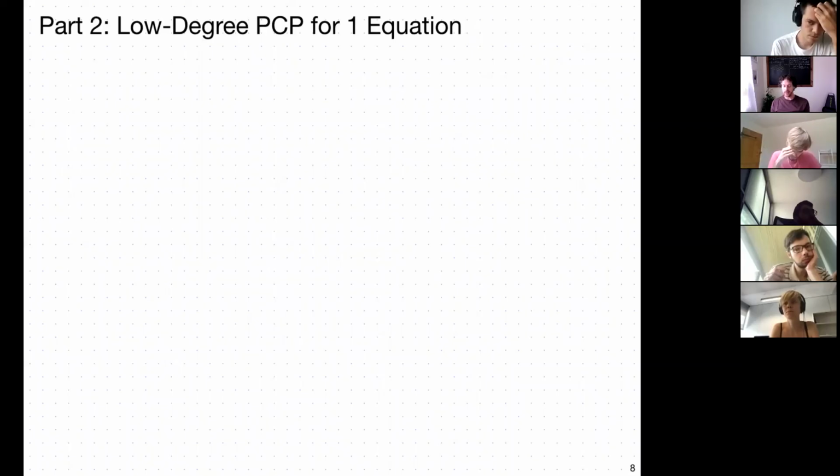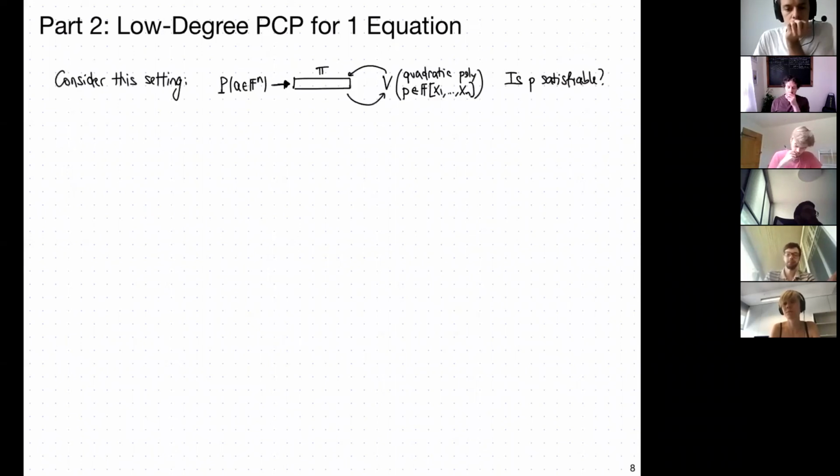What we'll do next is assume that we combine the equations, and now try to construct a low-degree PCP for them. Let me try to illustrate the following setting.